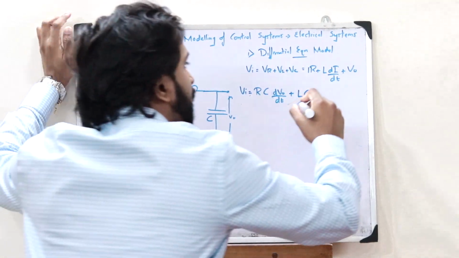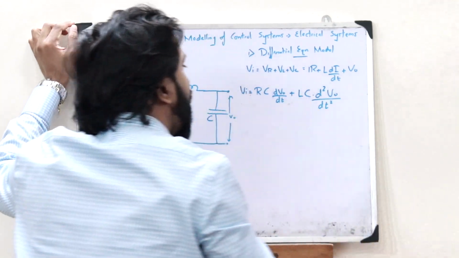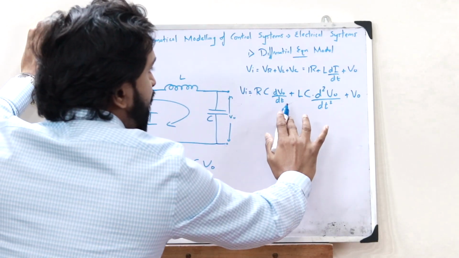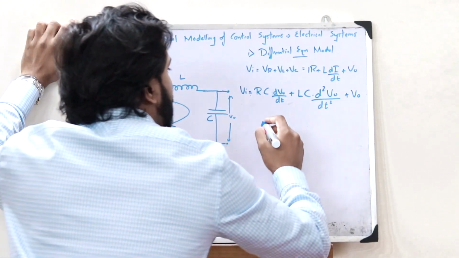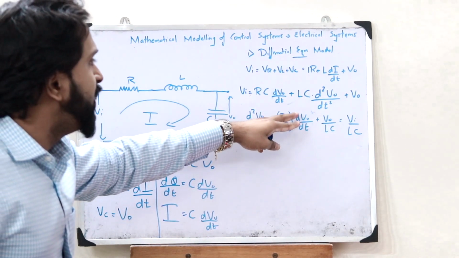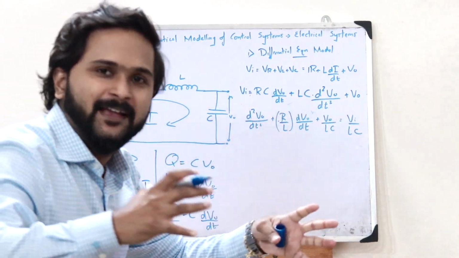So that would become d squared V0 by dt squared. And finally plus V0. So now on dividing throughout by LC, we would get d squared V0 by dt squared plus R by L into dV0 by dt plus V0 by LC is equal to Vi by LC.